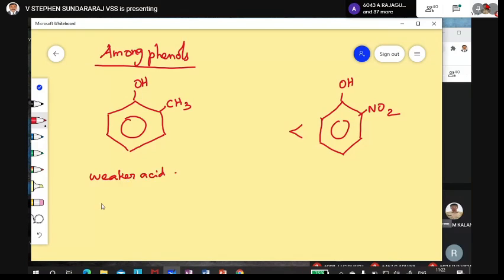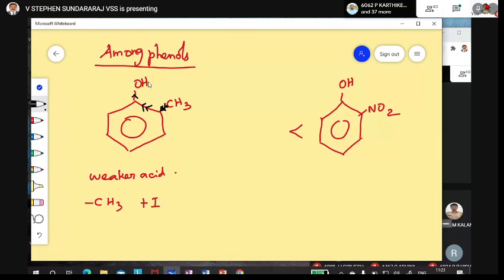What is the reason? Because CH3 group has a plus I effect. See, I'm just showing that with the black color. This is the 1, 2, 3 bond, and whether the effect will be there or not, it will be less significant after the third bond. But still the electron releasing effect is here. This CH3 is giving to oxygen, so oxygen doesn't take much from hydrogen.